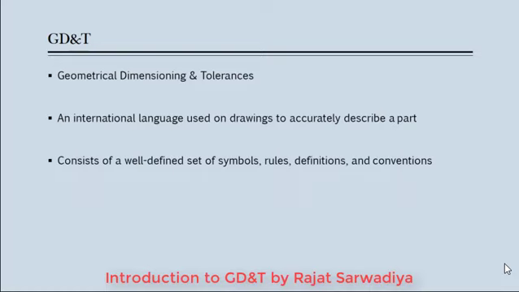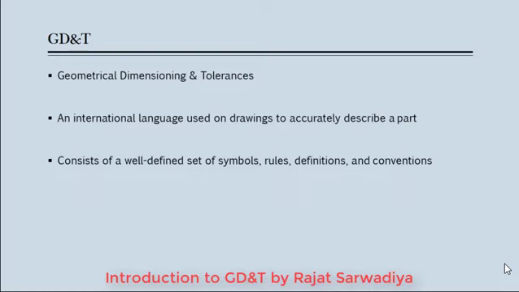Everything is automatically communicated. Even GD&T covers your manufacturing process, how you have to manufacture the particular part, the inspection process, and sometimes, yes, it does describe the assembly process as well.